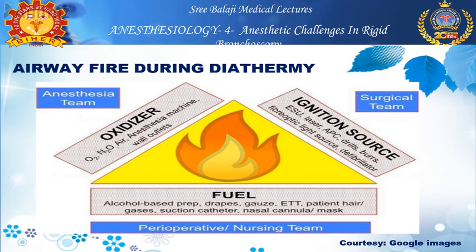There is a chance of airway fire when the surgeon is using a diathermy to cauterize a bleeder in the airway while the procedure is being done. So the one which initiates the fire is the ignition source, which comes from the surgeon, and the structure that burns in the presence of the fire is the gauze or cotton or blood jets or the endotracheal tube, which is secured in the airway.